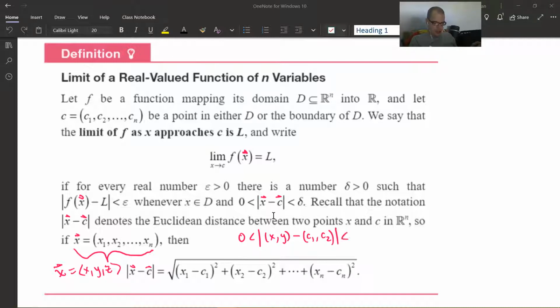It's really the distance between 2 points is less than delta. So in this definition, we're talking about Euclidean distance.